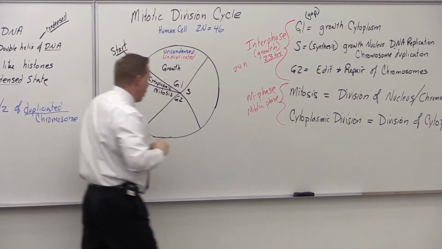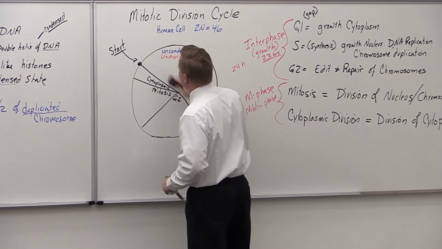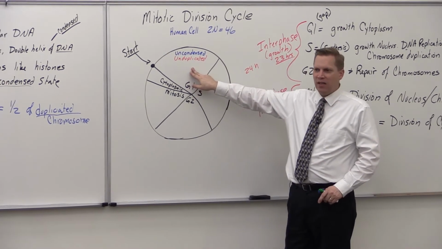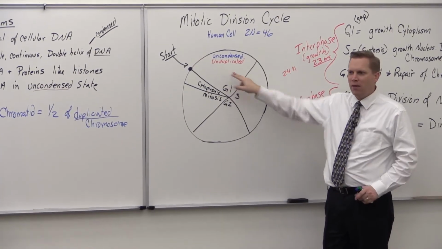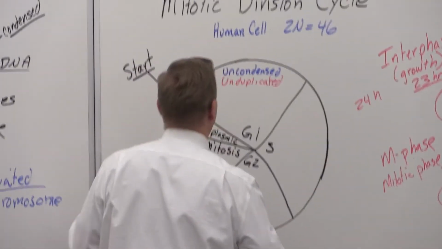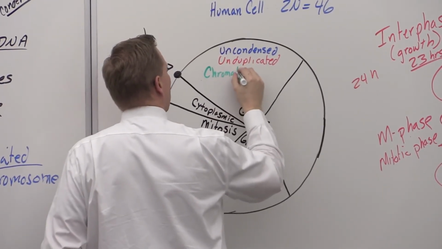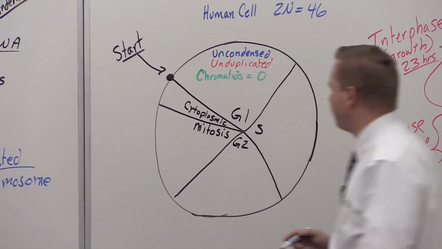We might also ask ourselves, this would be a good test question, how many chromatids do we have in G1? And the answer is 0. So we'll put that up. Chromatids equals 0.